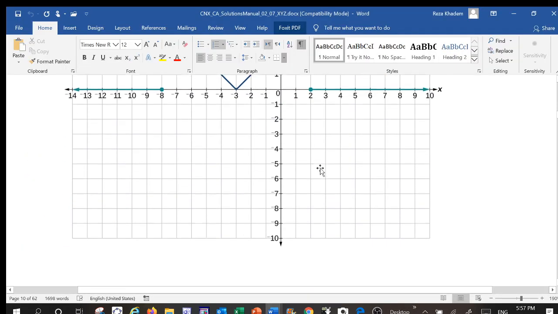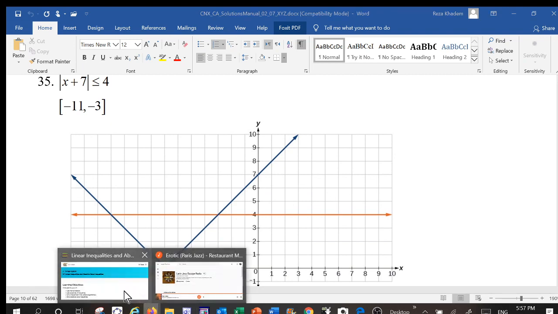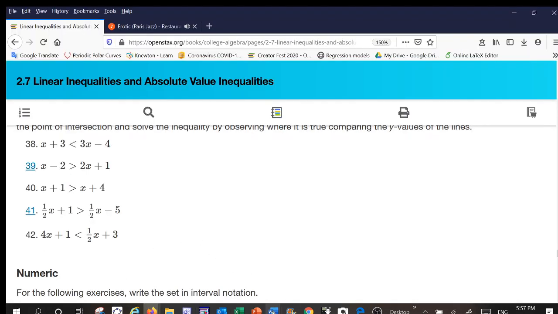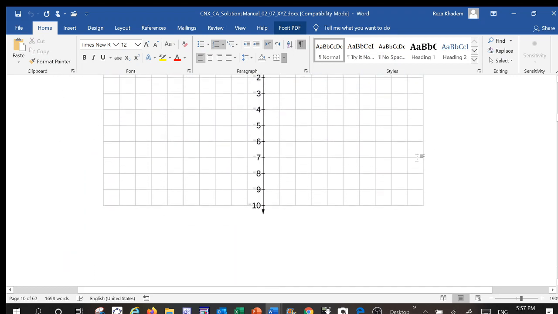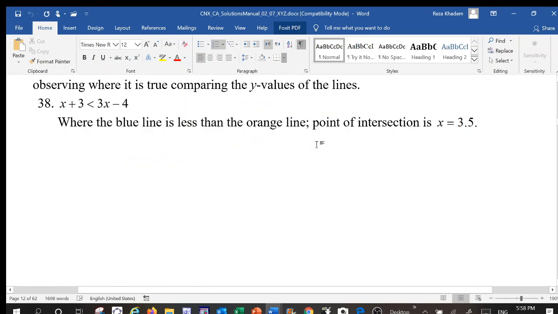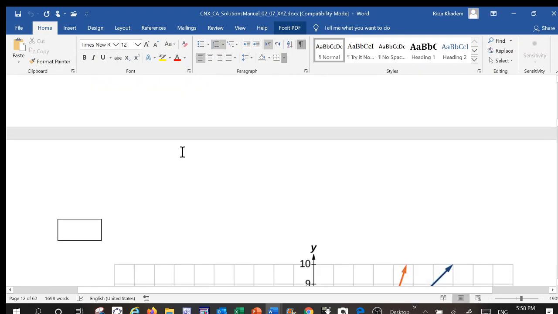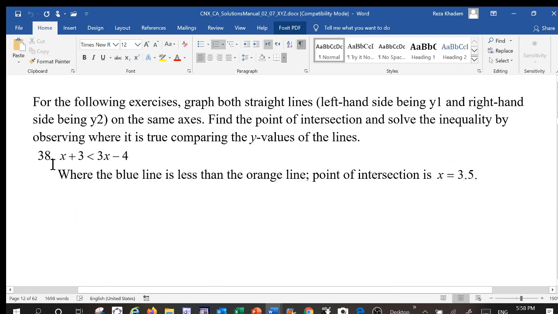So 38. Right here. So 38, it says x plus 3 less than 3x minus 4. So we're going to have to graph this.